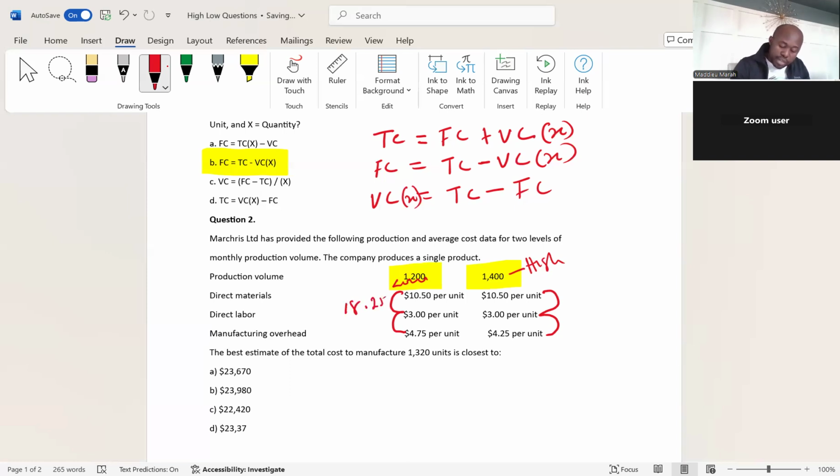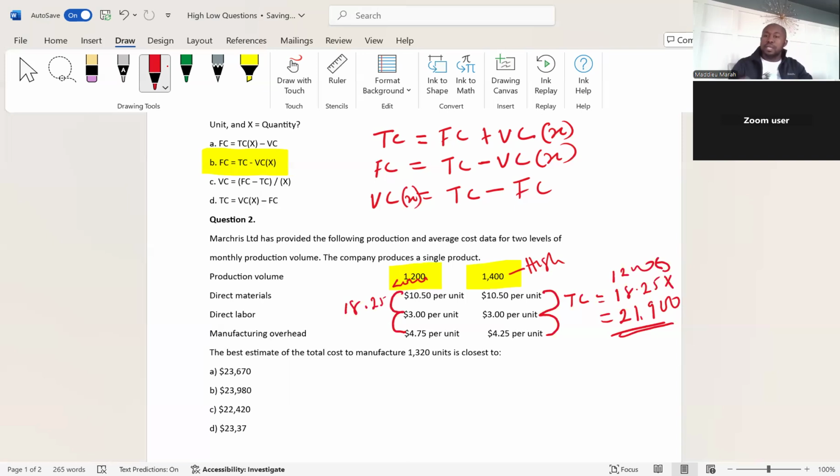So my total cost for 1,200 units equals 18.25 multiplied by 1,200. This will give me 21,900.